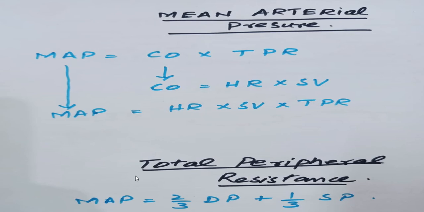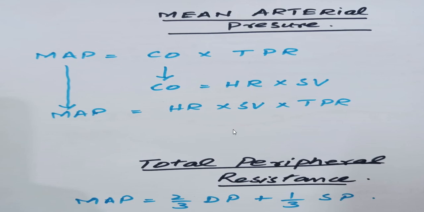We will not discuss this in detail, because we just want to say that we are going to take the average of the diastolic pressure, which is mainly in the aorta, and the systolic pressure as well.